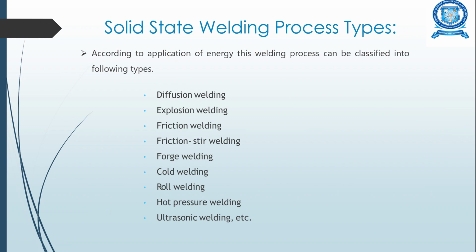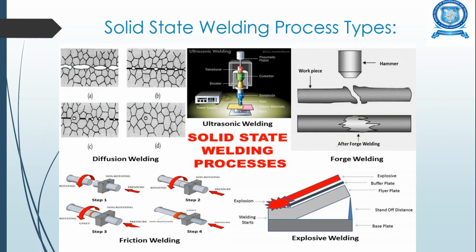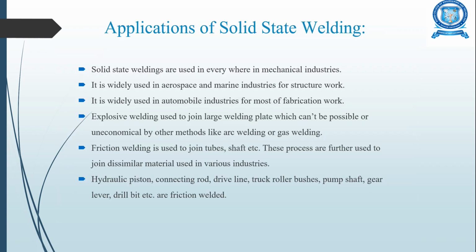The different types are: first, diffusion welding; second, explosion welding; third, friction welding; fourth, friction stir welding; and you have forge welding, cold welding, roll welding, hot pressure welding, ultrasonic welding, etc. So these are all the solid state welding process types. The pure solid state welding processes include diffusion welding, ultrasonic welding, forge welding, friction welding, and explosive welding.